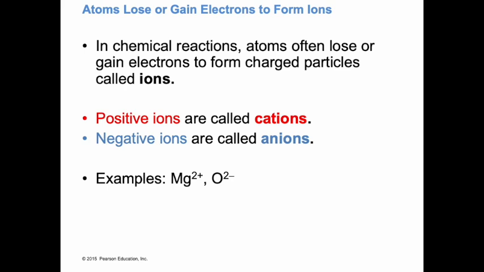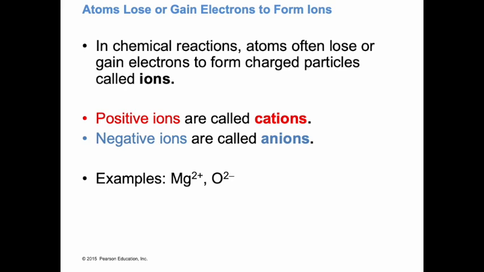So depending on how many electrons an atom has, an atom will either have a negative charge if it has more electrons than protons, a 0 charge if it has exactly the same number of electrons as protons, or a positive charge if there are fewer electrons than protons. So the number of electrons really tells me the charge of the atom.